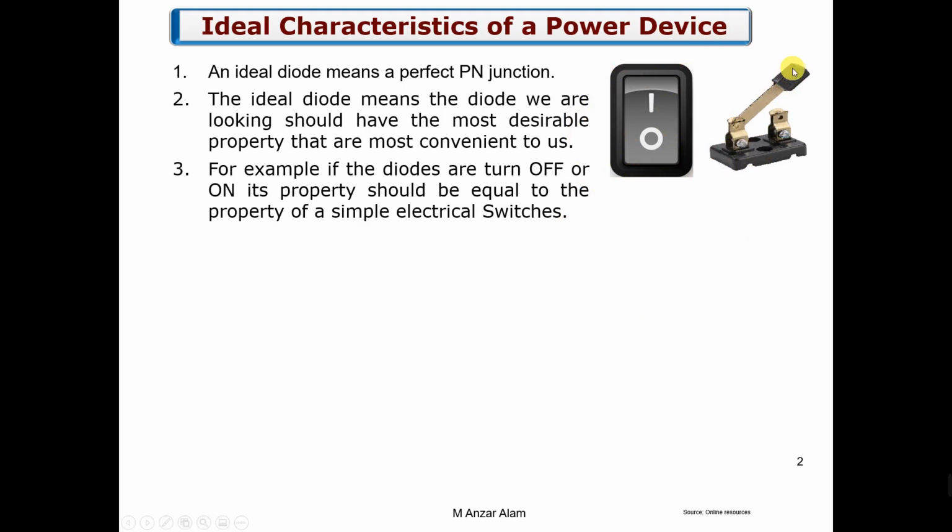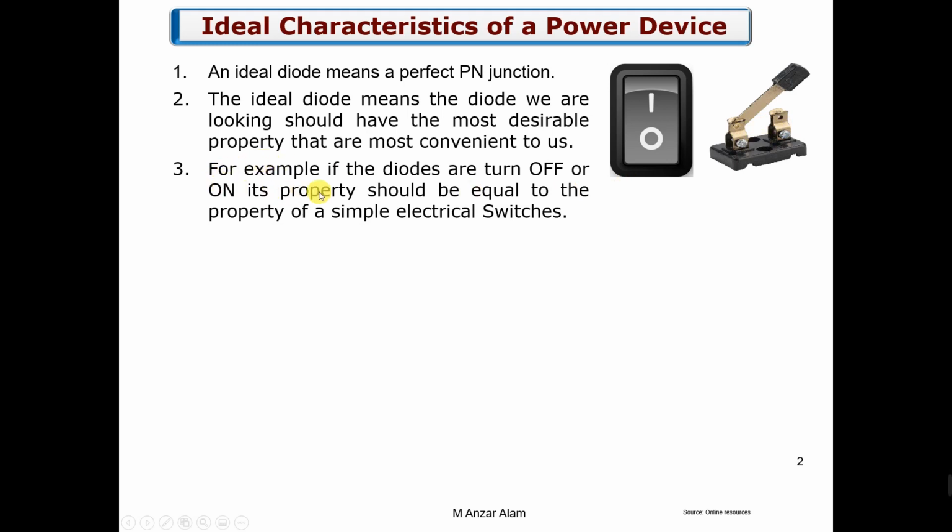Whenever we push this lever down to make perfect contact, the switch will turn on and the flow of current is possible. Whenever the lever is pulled up, the connection is disconnected. There is no connection, so the current will be zero.